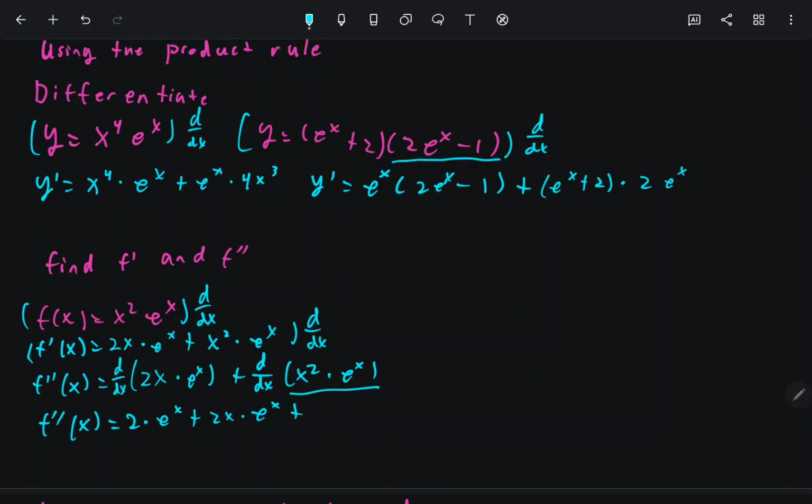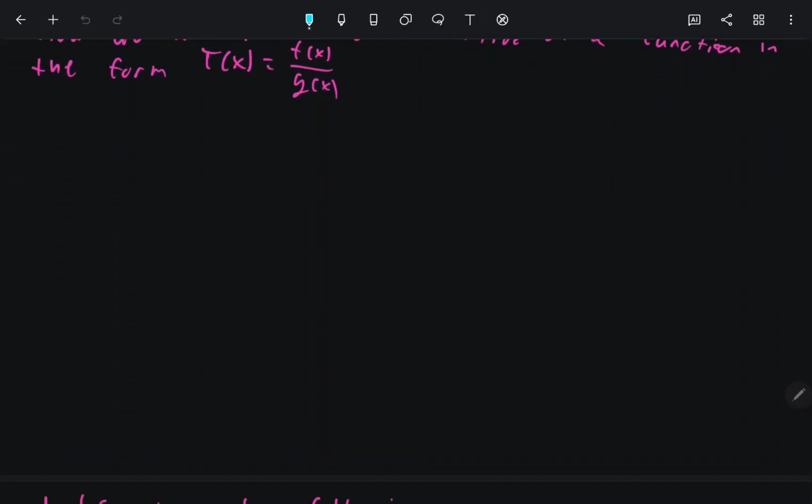We actually already know this value, and we've done it before. And sometimes that does happen. So, we already know that this value here is going to be 2x times e to the x plus x squared times e to the x. Now, if I asked you to find the third derivative, that would be an even bigger mess, but I'm not going to ask that of you.